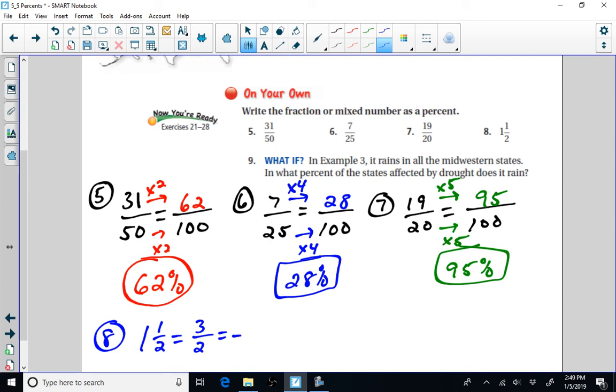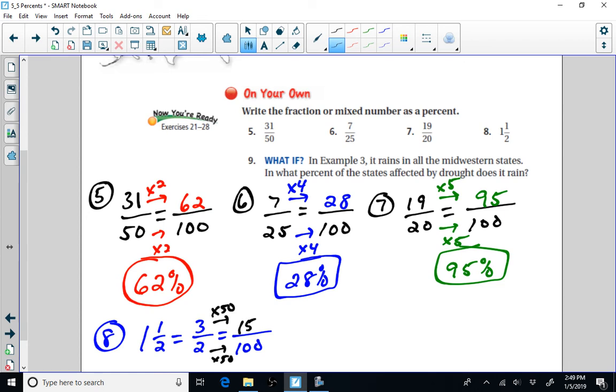Now that the denominator is 2, and I've written it as an improper fraction, I can make an equivalent ratio with a denominator of 100. All right? 2 times 50 gives us 100, so I'd have to multiply the numerator by the same factor of 50.